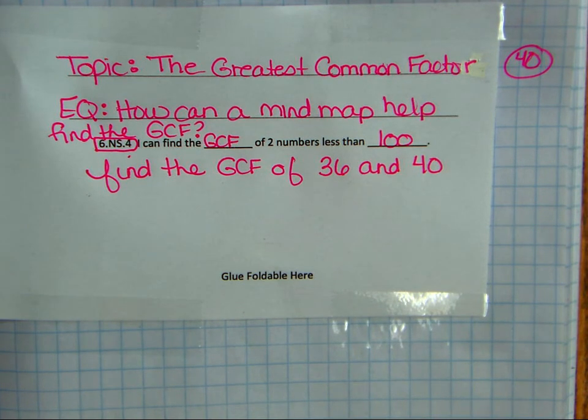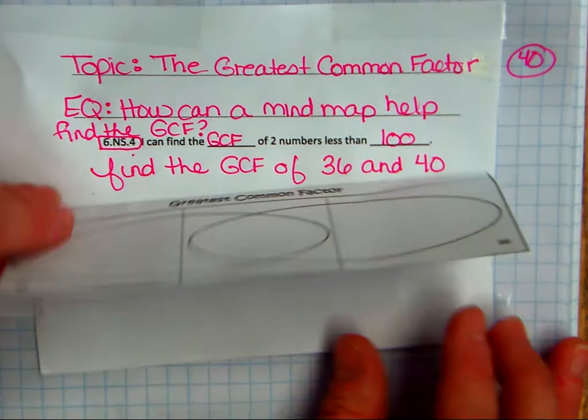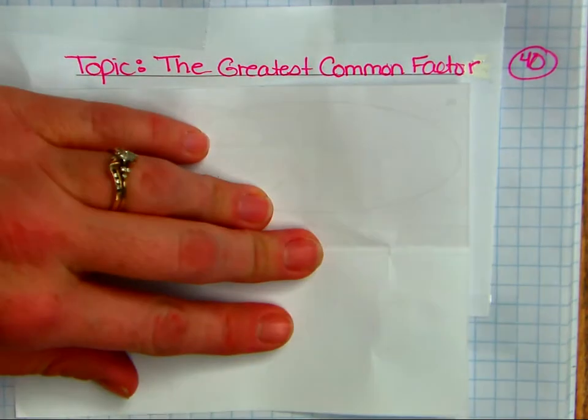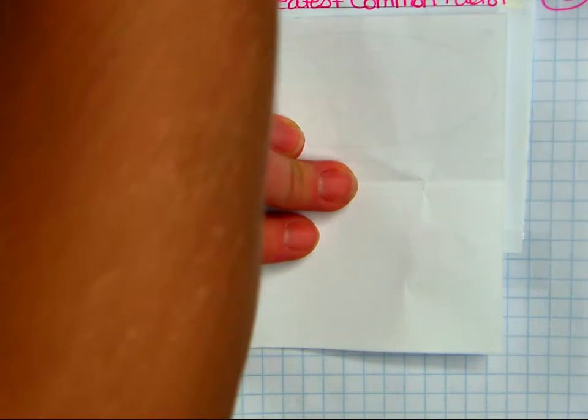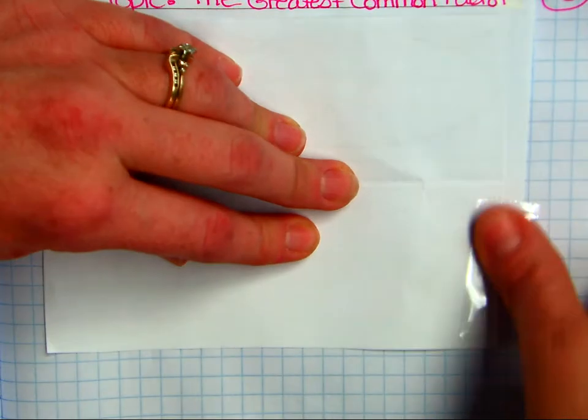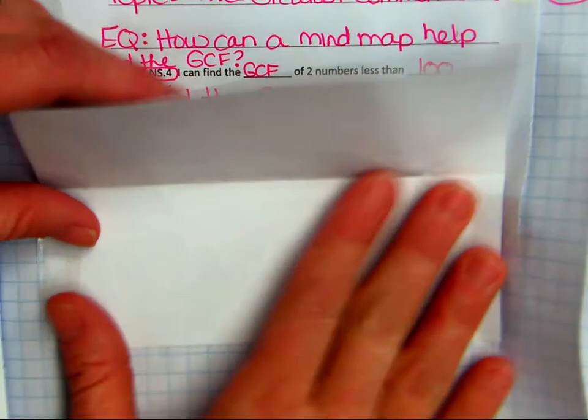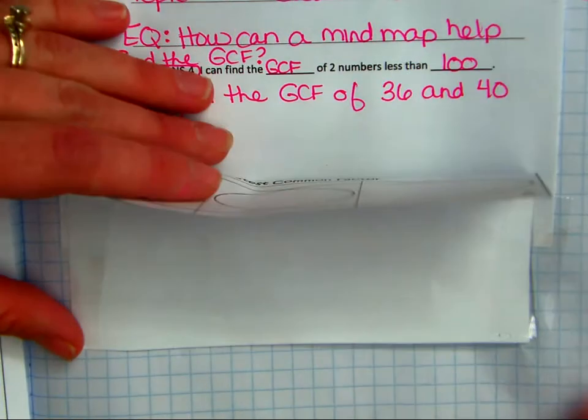Alright, so now I'm going to take our mind map that we cut out, and put it here, and you can either glue it down or you can tape. I'm going to use tape and put a slight piece of tape on this side, and a slight piece of tape on this side. So now it's in my book, nice and flat.